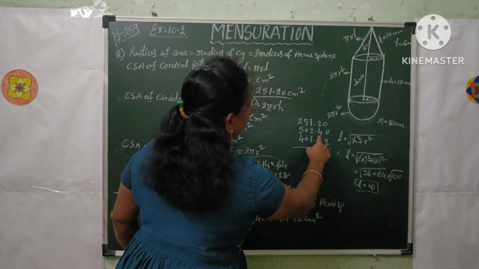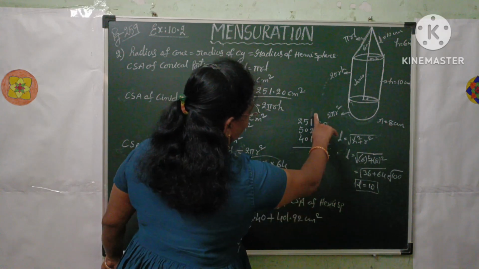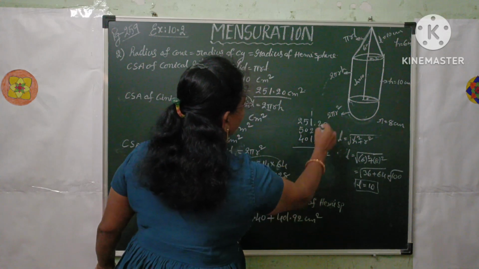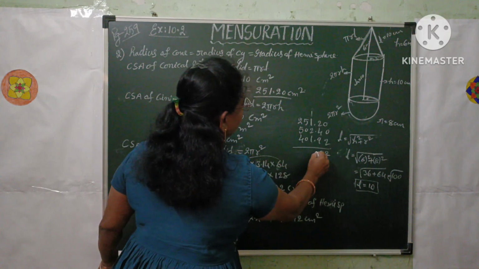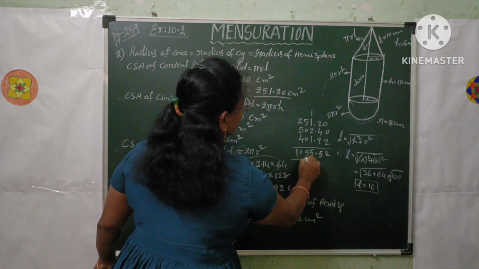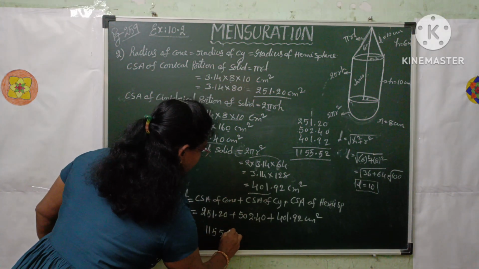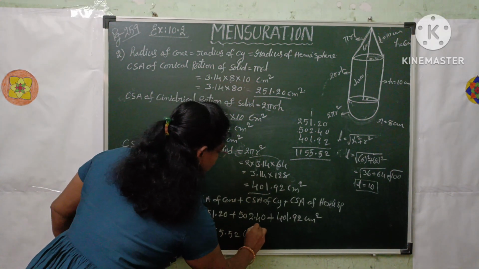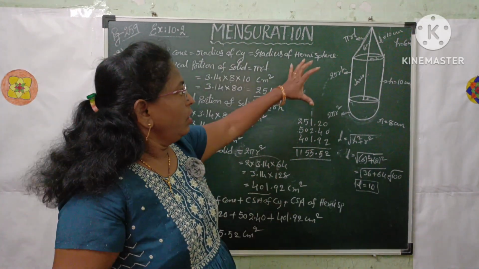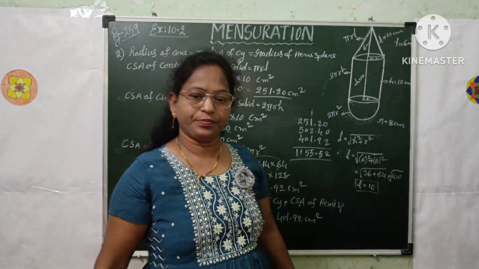Add this all: 6, 9, 5, 1, 2, 3, 4, 5, and 9, 11. So that is equal to 1155.52 centimeter square. This is the total surface area of the solid object. Okay, right.